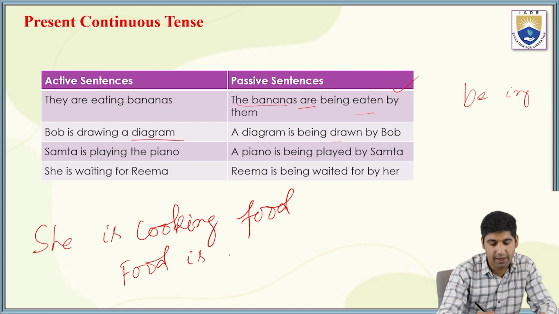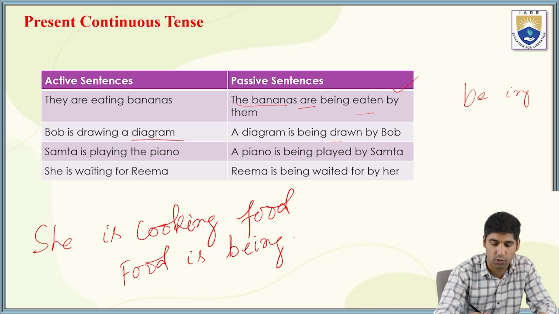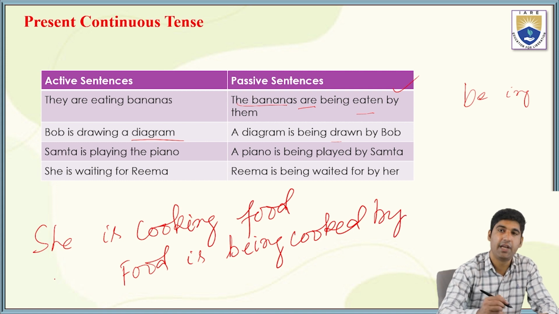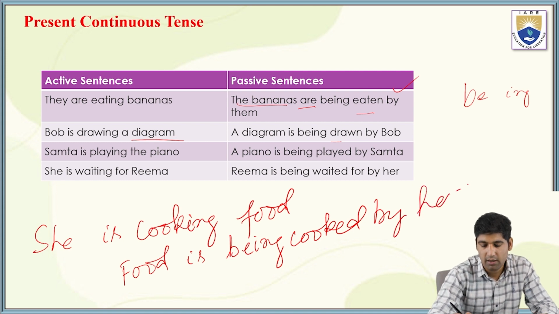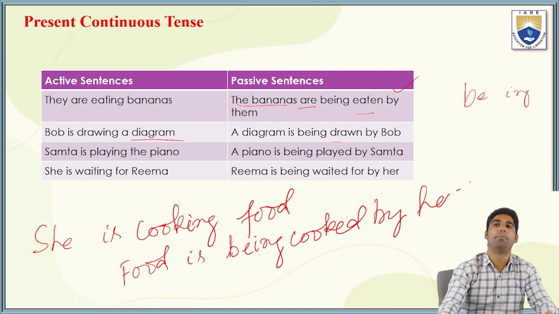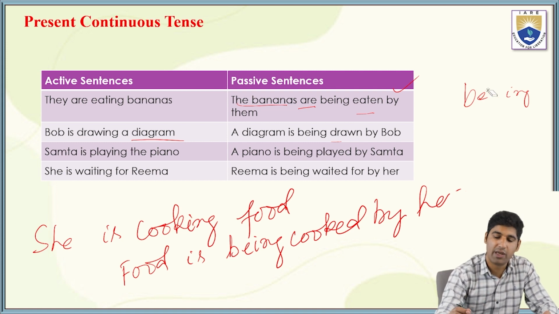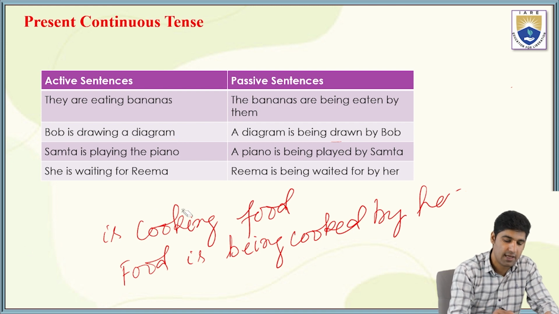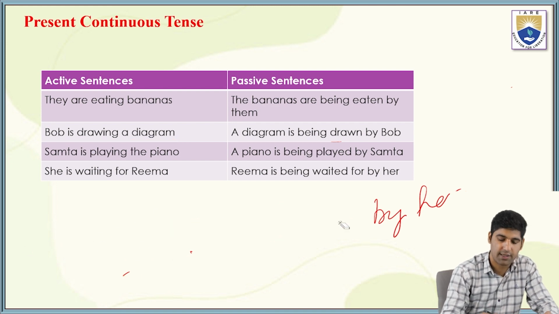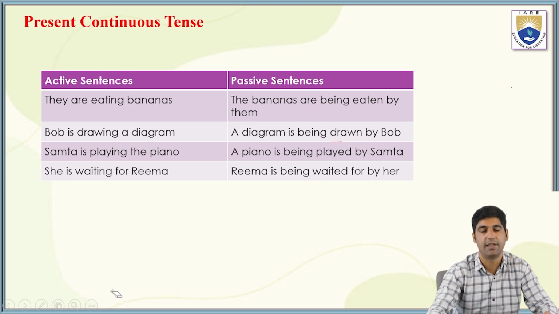Then be will be being because it's continuous form. Food is being. Then the third form of cook is cooked. Then preposition by, and she will be her. Food is being cooked by her. So this is how we can change an active present continuous sentence into a passive present continuous tense.